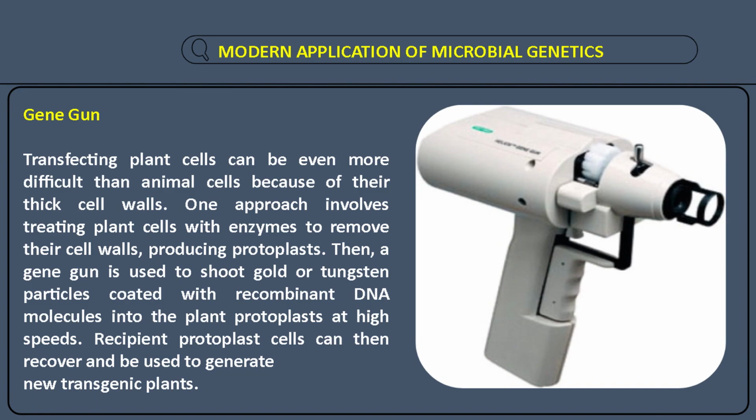The process for the gene gun involves coating tiny gold or tungsten particles with the parent DNA or other molecules, and then shooting them into target cells using high pressure helium gas. The particles are accelerated to high velocity by the gas and are driven into the cell. Okay, so that is the process where they deliver the foreign DNA or other molecules.